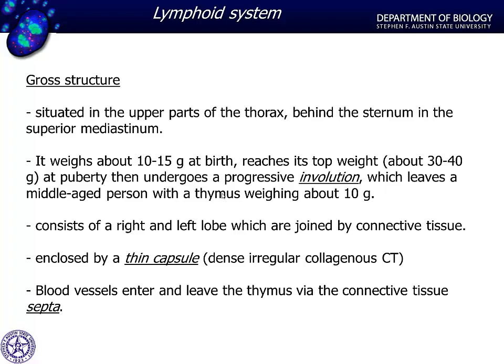Now, while the thymus is somewhat amorphous, as we saw in comparative anatomy, we do in fact have right and left lobes with a very thin capsule surrounding each one of the lobes, and they're connected across the midline by just simple connective tissue.